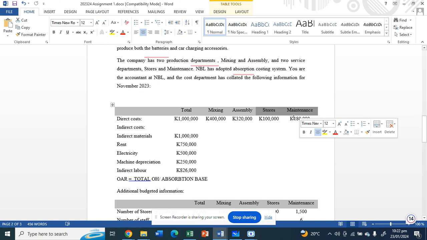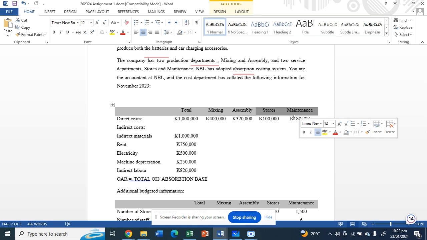After you reapportion the overheads from the service departments to the production departments, you get the total overheads in each department.